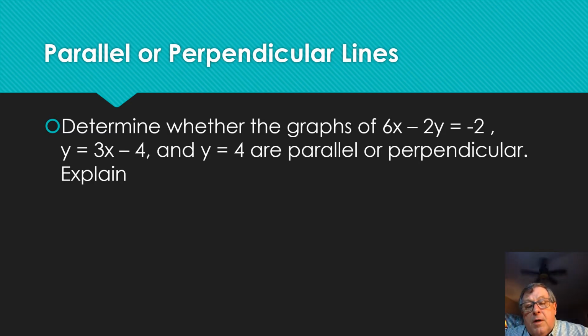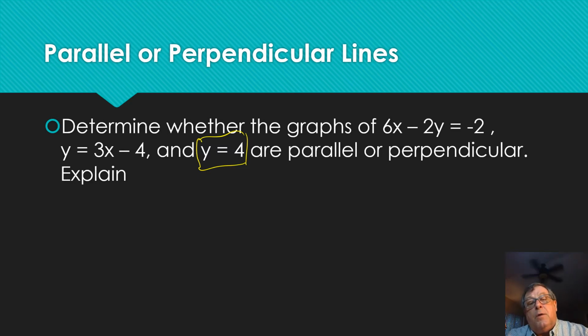Well, to start with, I can rule out this equation right here. It's not going to be parallel or perpendicular to either of those two lines, because in that form, there is no slope, and so that's just going to represent a horizontal line on the graph.